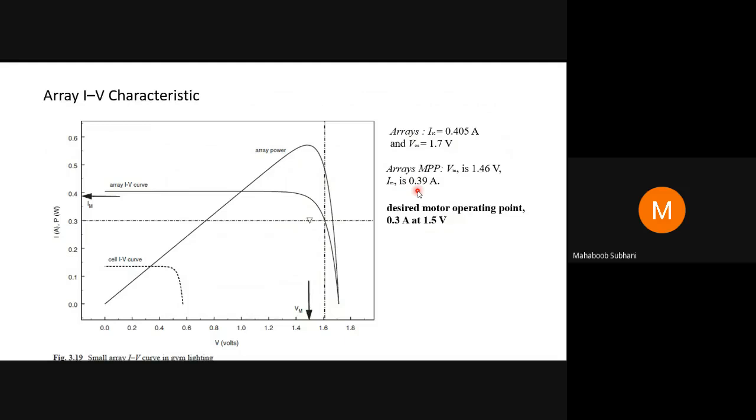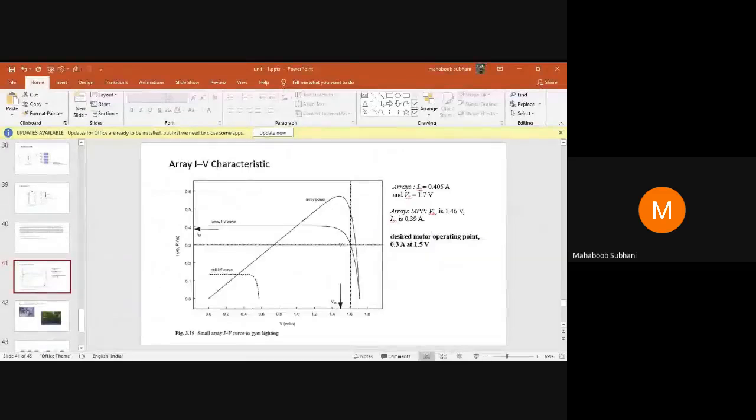Now, how to meet that difference? See, at this point, the array produces about only 1.6.